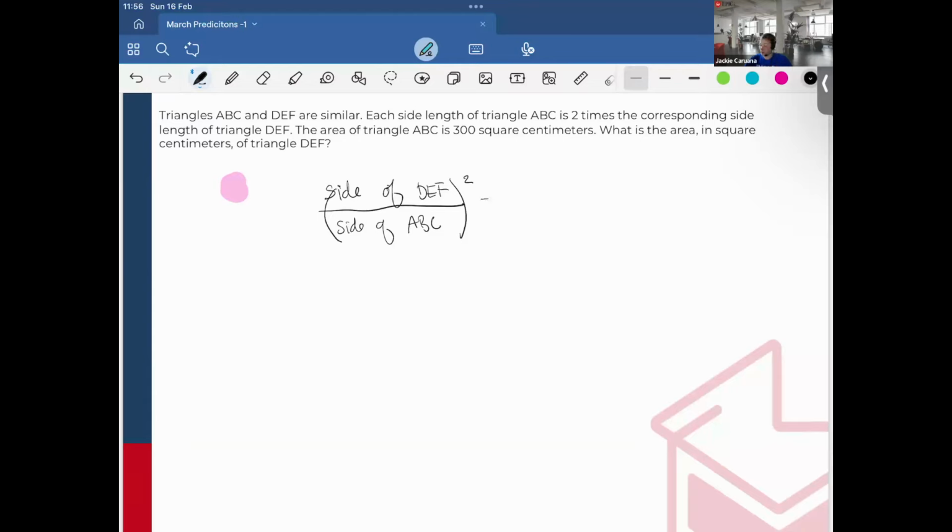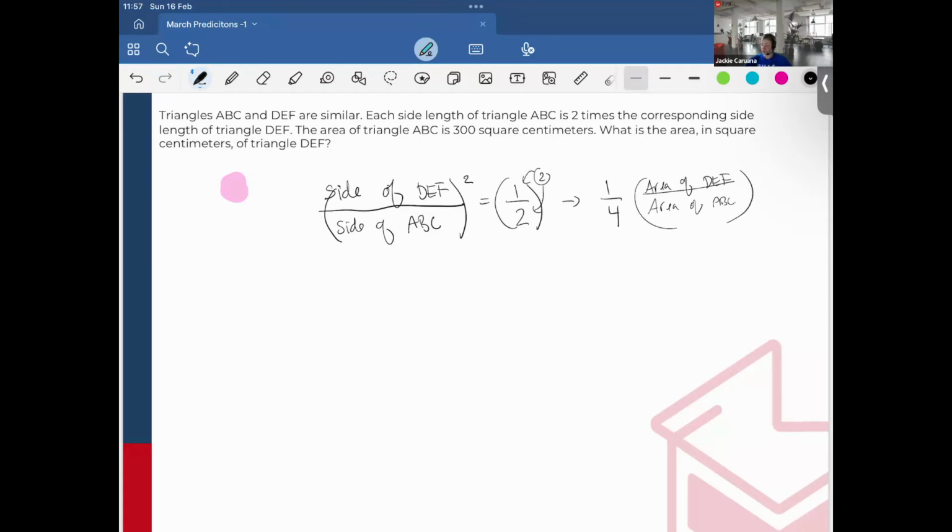This would just be 1/2. Squared, make sure you square the top and the bottom, which is 1/4. So the area of DEF to the area of ABC has a ratio of 1:4.